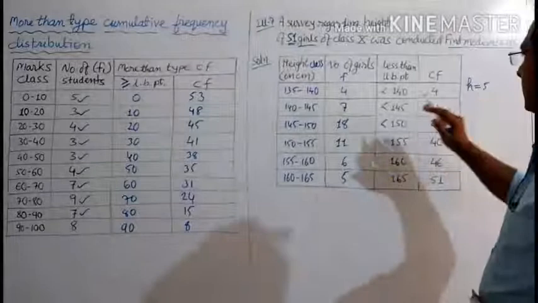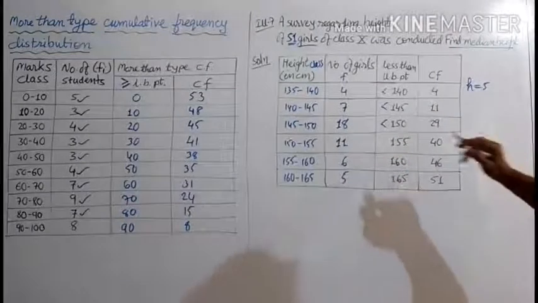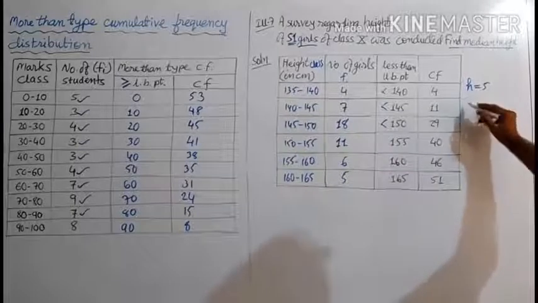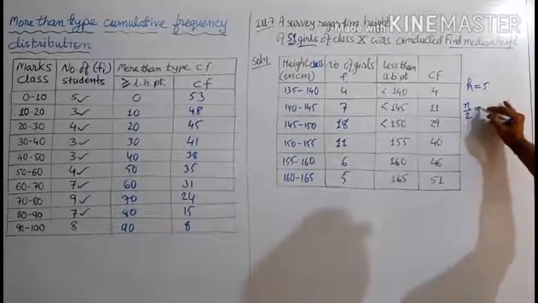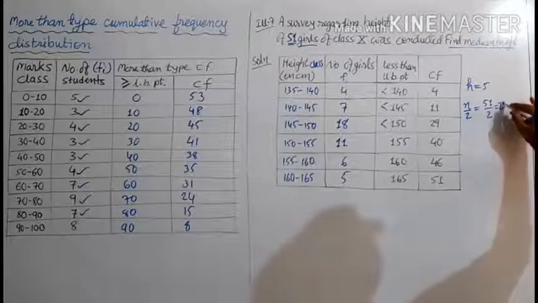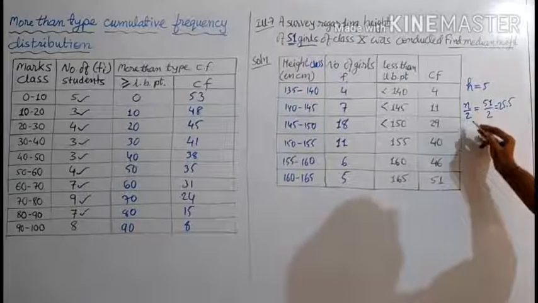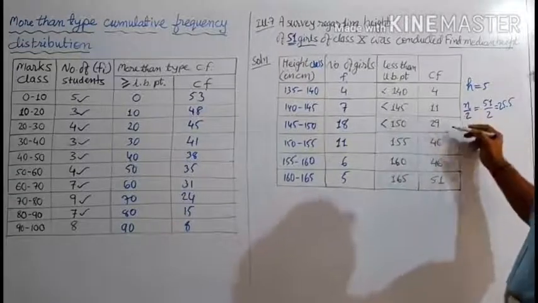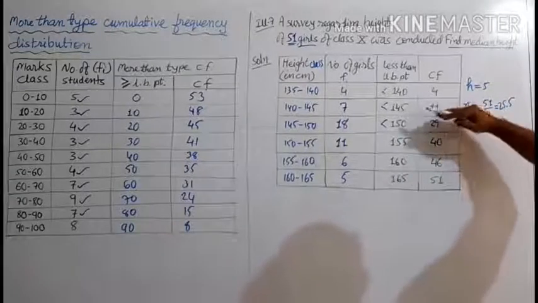Now we shall proceed to find the median. The width we have already calculated. Now we want n by 2. Here n is equal to 51, divided by 2 is 25.5. Now in which range does 25.5 come?